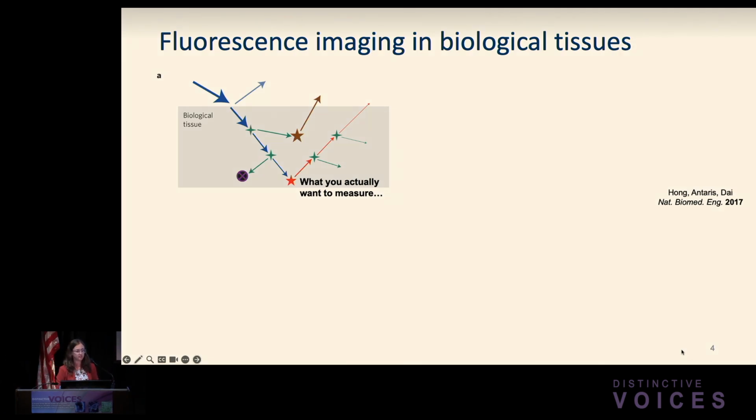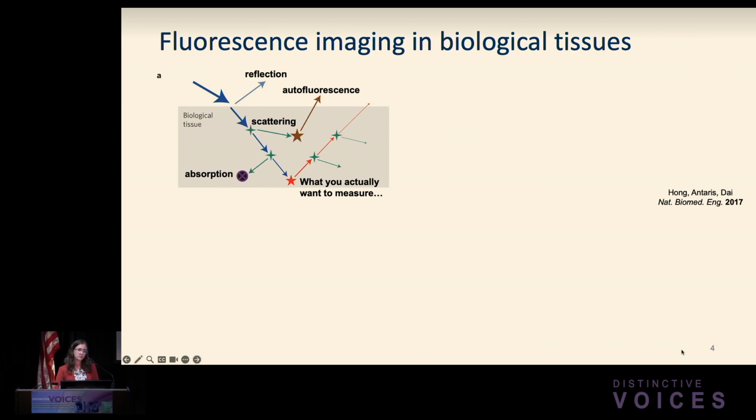Well, unfortunately, the fluorescence of that little red star is not the only thing that is going to happen. We can also have reflection of our excitation light from the surface of our tissue. That light can also be scattered in other directions away from the red star. It can be absorbed by stuff, and then that will just lead to heat or vibration. So it also won't end up lighting up that red star.